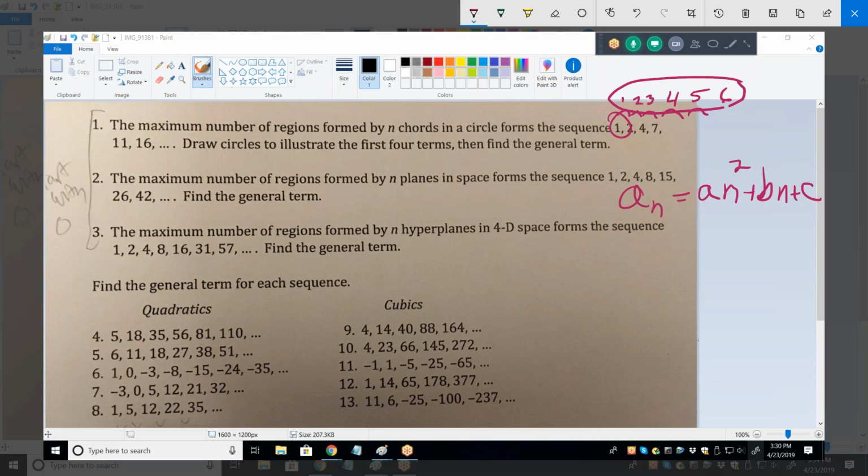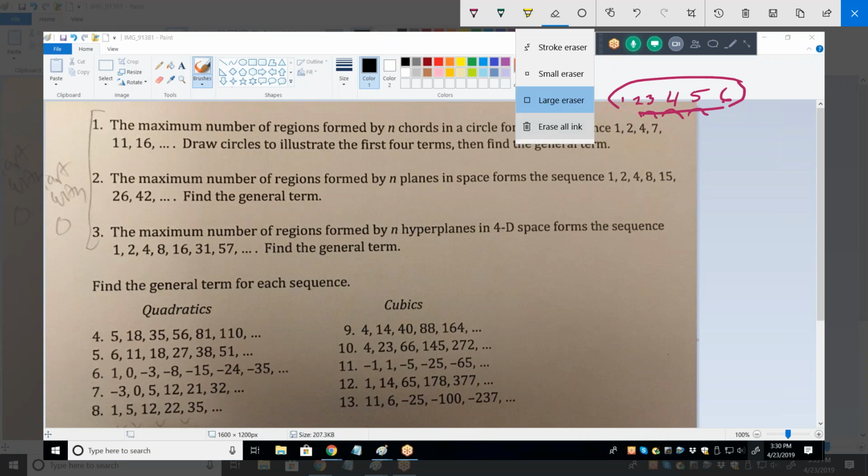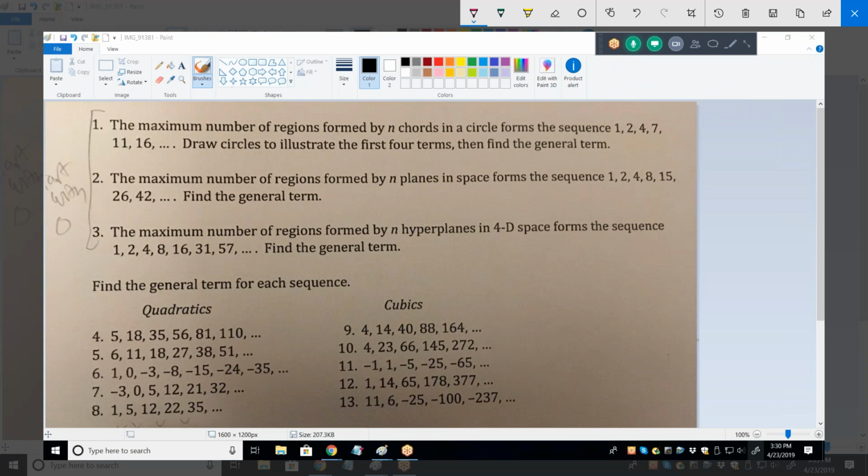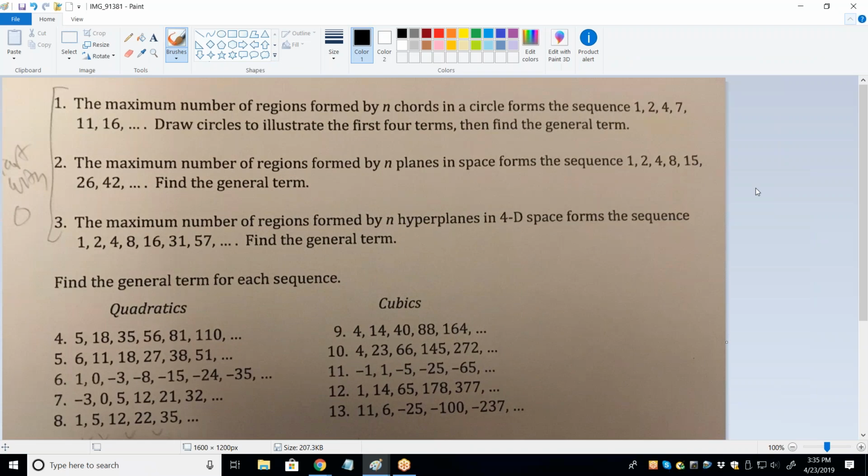Wait a minute. Oh, I think I remember this. If you can figure out one of them, I think we can figure out all of them. So what you do, we may need, all right, can we go to a clean sheet? Sure, because we may need more room for this. Hold on a second.